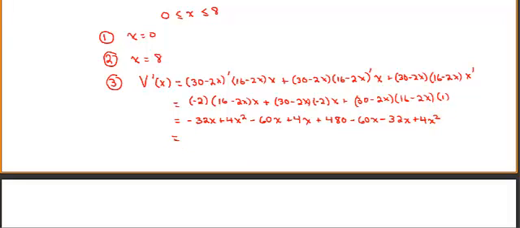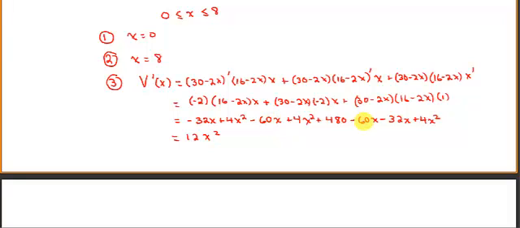And if we look at this, let's see, what do we have? We're going to have a 4x squared, and then another 4x squared. I think I forgot the square here. And then another 4x squared is 12x squared. And then we'll have a negative 32x and a negative 60x, which is a negative 92x.